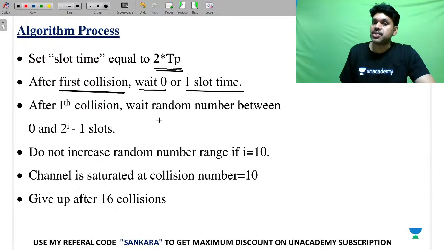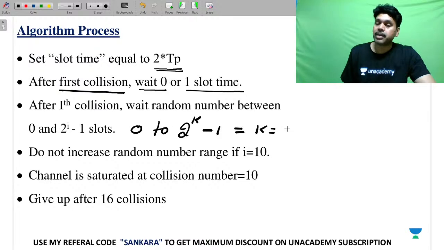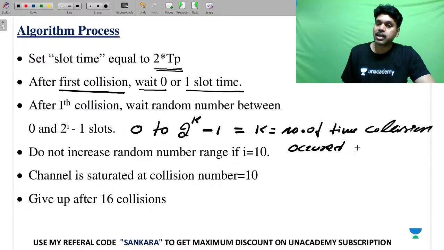After the ith collision, your slot numbers are 0 to 2^k - 1. Here k is nothing but the number of times a collision occurred among nodes.